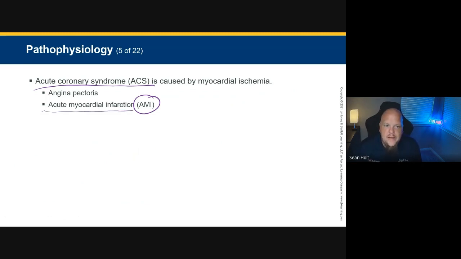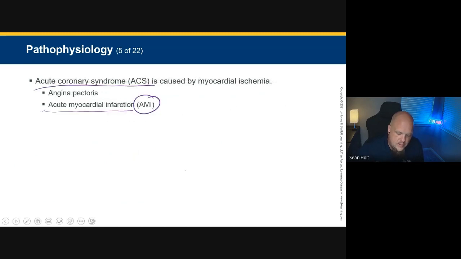So ACS is a group of symptoms like chest pain, shortness of breath, sometimes nausea and vomiting, syncope, where somebody collapses or passes out. Those are all acute coronary syndrome, right? Think of syndrome as being a group of symptoms, okay?